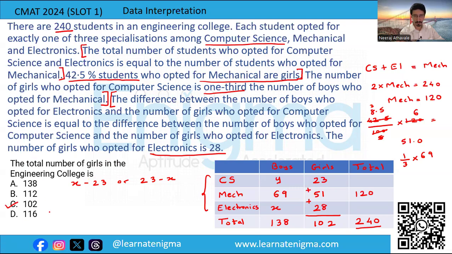Now we still need to complete this table, which will help us in solving the next two questions. We know that the total boys are 138, so the equation we get is x plus y plus 69 is 138. Therefore, x plus y is equal to 69.